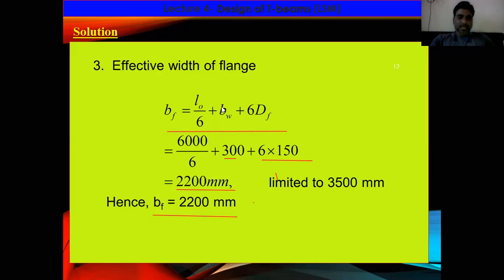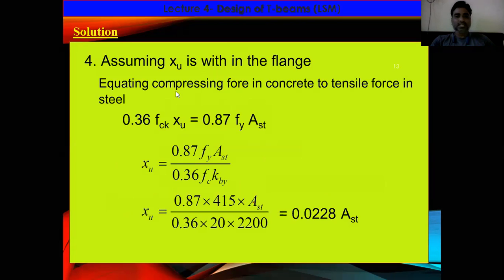So after determining the effective width of the flange, you need to determine the area of steel. To determine the area of steel, you need to determine the depth of neutral axis, right?